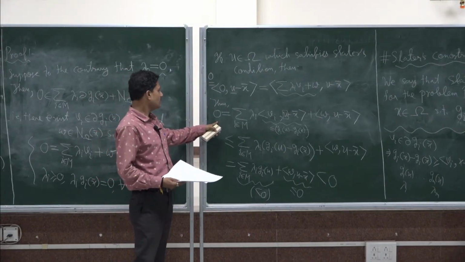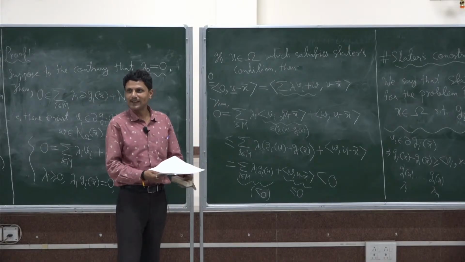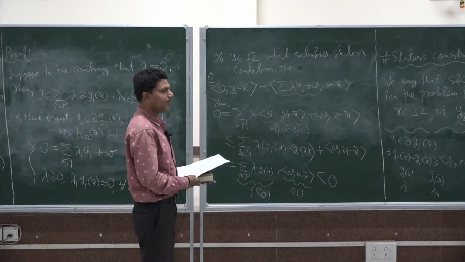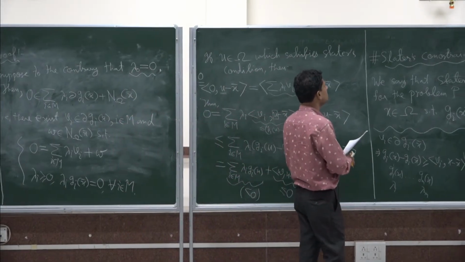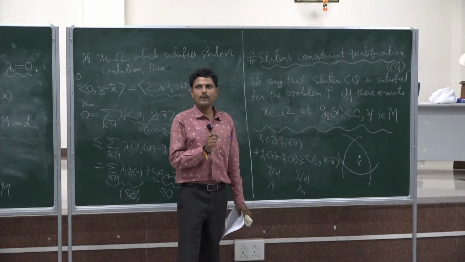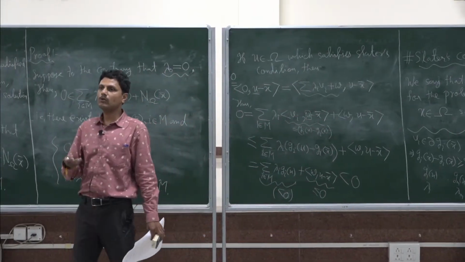So if someone wants to prove that 0 is less than 0, this is the way to show that, right? But this is not possible. So we arrive at a contradiction thanks to this Slater's constraint qualification. Okay, and that is why this lambda naught cannot be equal to 0.